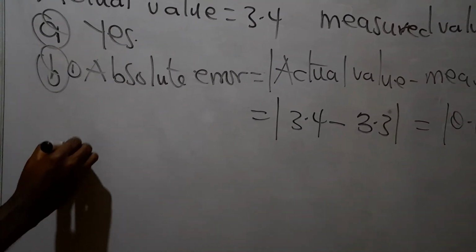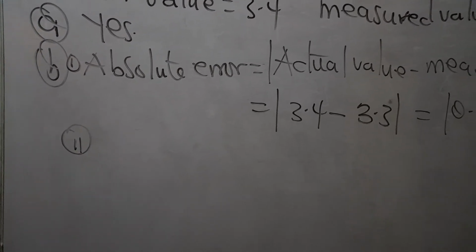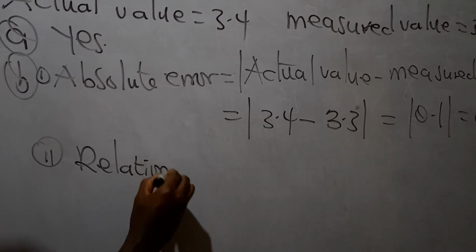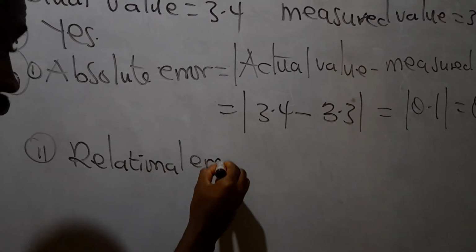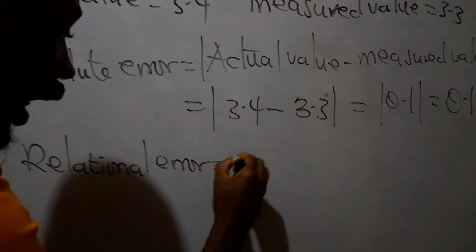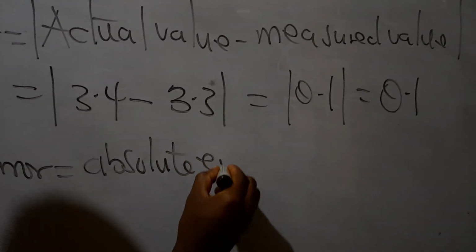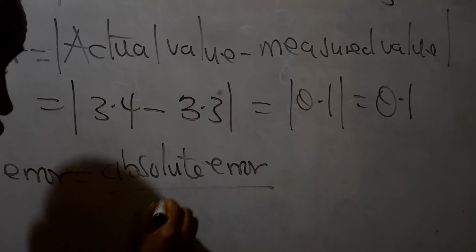Then the second one, which is her relative error. Remember, relative error is equal to absolute error over actual value.